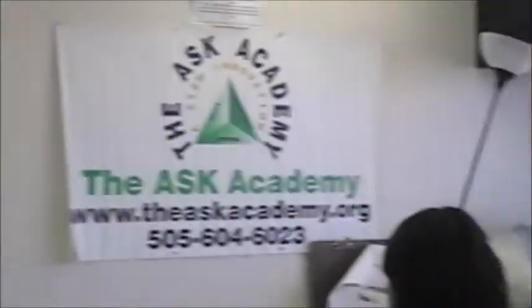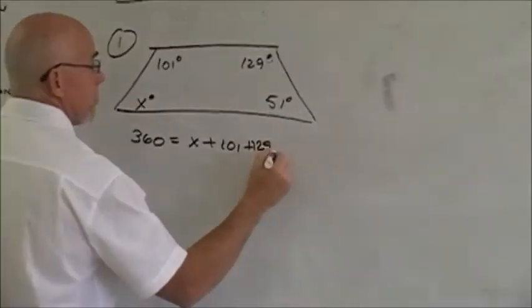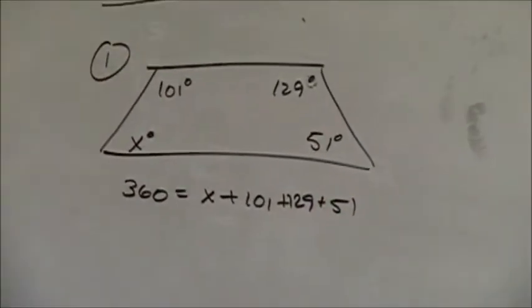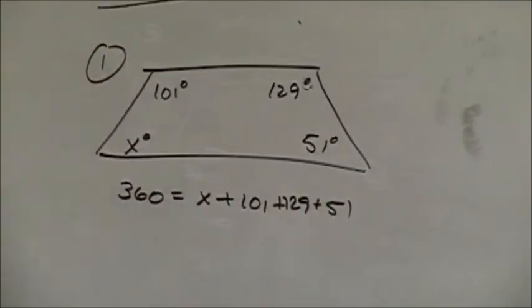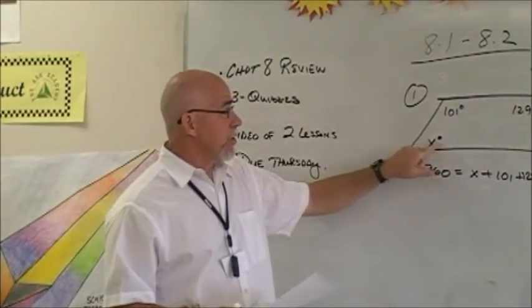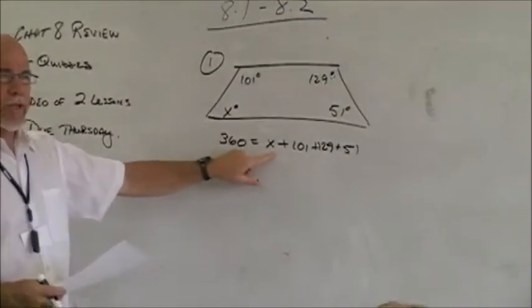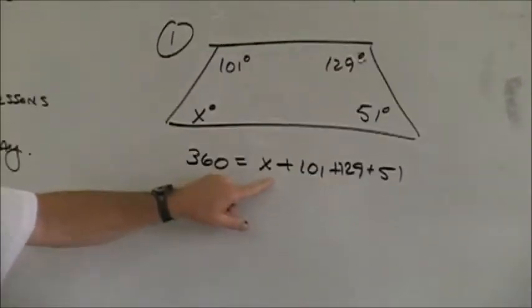If I add up all of these, I get 360 degrees. Destiny said that very intelligently. She remembers, so we're trying to review. How do I know how much is left if all these three add up to something? How do I determine what's left for the x?